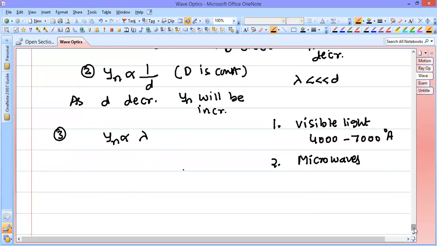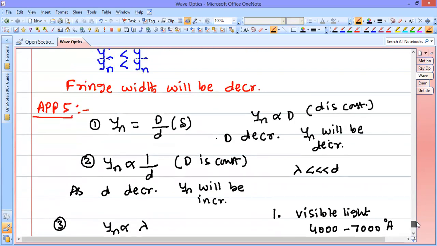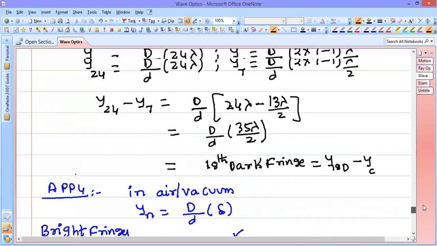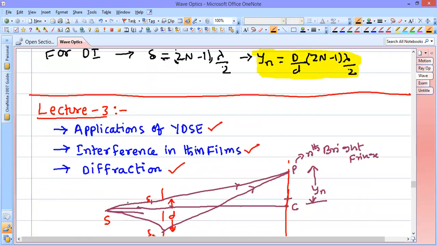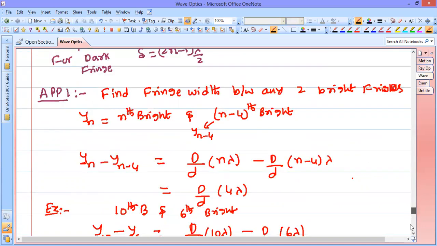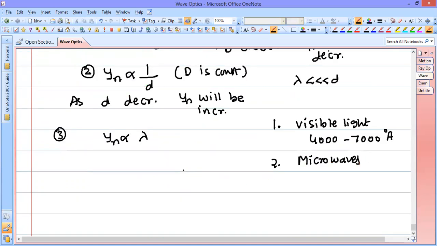Why must lambda be much smaller? Let me go to the diagram. In the proof yesterday we did that lambda should be less than d. Because in order for light to pass, the lambda must be very small.